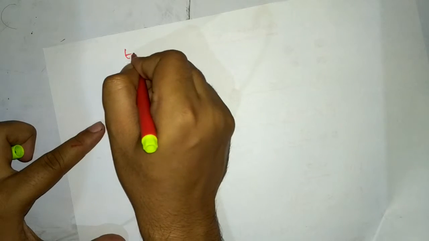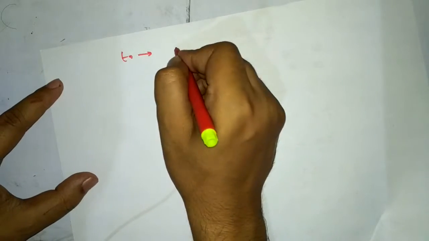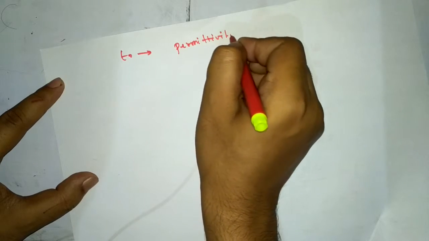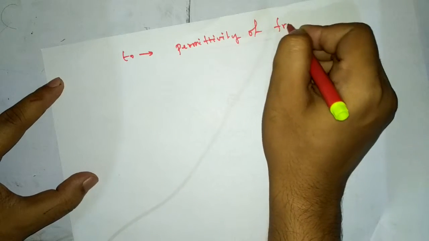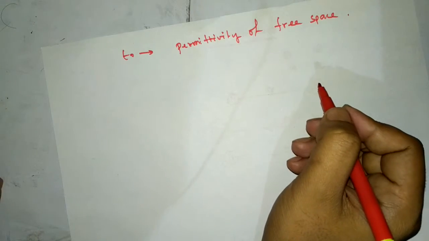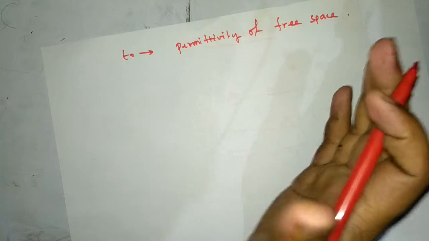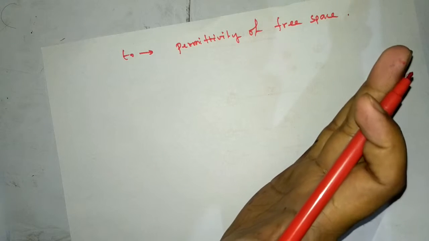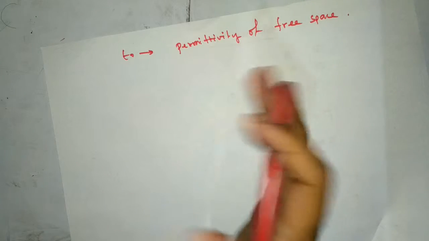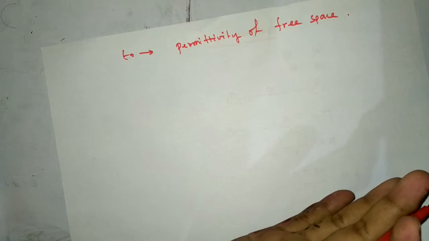What is epsilon here? Epsilon is called the permittivity of free space. If there is a charge, this charge always produces an electric field.